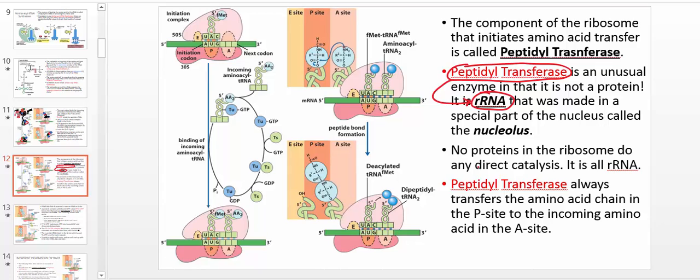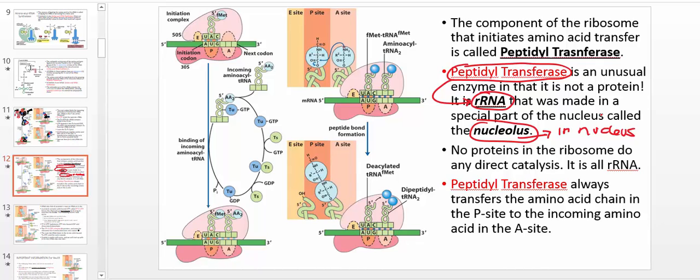But this type of transcription is done by an RNA polymerase in a specialized region of the nucleus called the nucleolus. So it's inside the nucleus, and this is where ribosomal RNA is made, and certainly where peptidyl transferase is made.